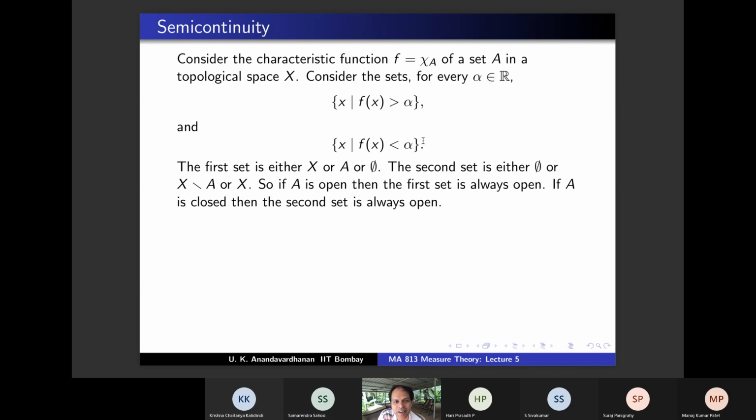It's not up to us. There is a standard definition which we have to follow. But I'm just trying to see whether you will get the standard definition if you define it on your own. So as I said, this is the inverse image of alpha to infinity, and that should be open. This is the inverse image of minus infinity to alpha, and that should be open.